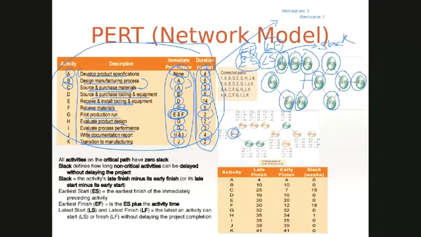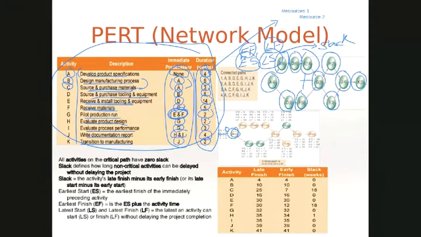So the earliest start, because it's the origin, is day 0 or week 0 in this case, right? So the earliest you can begin is right now. How long does it take to do it? It takes 4 weeks to complete it. And therefore, you know that your earliest finish is 4 weeks.